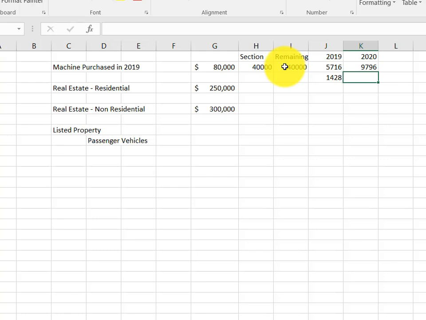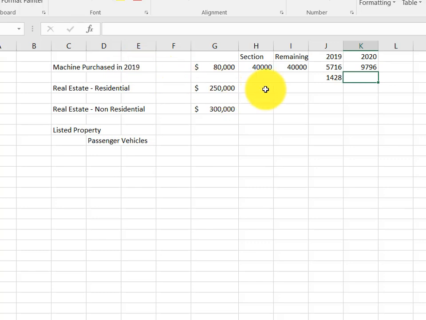So if this were our only machine and we bought it in, say, October of 2019, we would have to use the mid-quarter convention if we were going to use regular MACRS depreciation for any part of it. If we used all Section 179 or all special depreciation, then we wouldn't have to worry about what time of the year it was purchased.